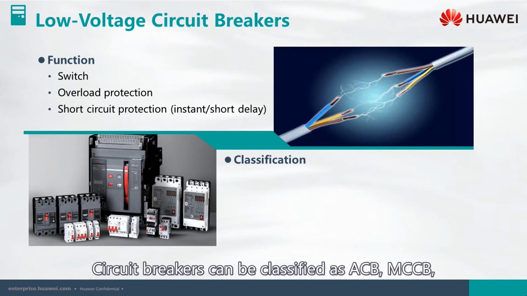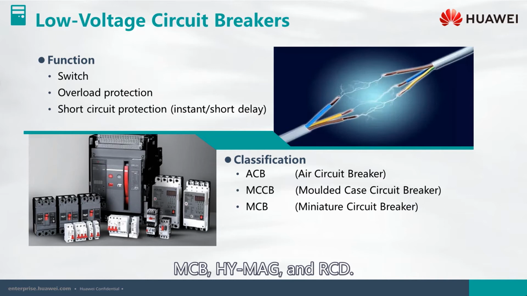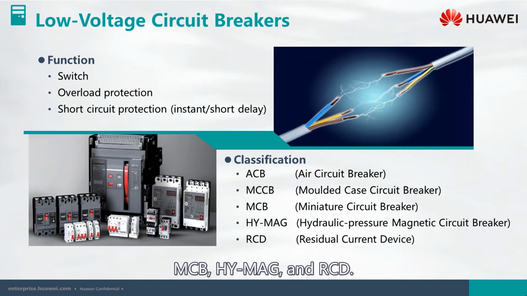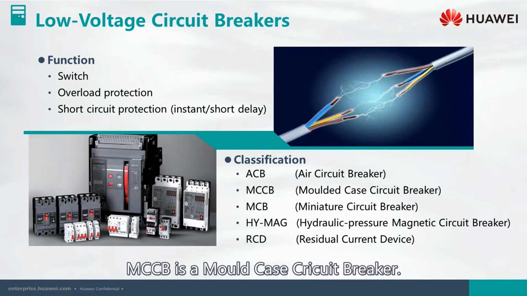Circuit breakers can be classified as ACB, MCCB, MCB, HYMAG, and RCD. ACB is an air circuit breaker. MCCB is a molded case circuit breaker.